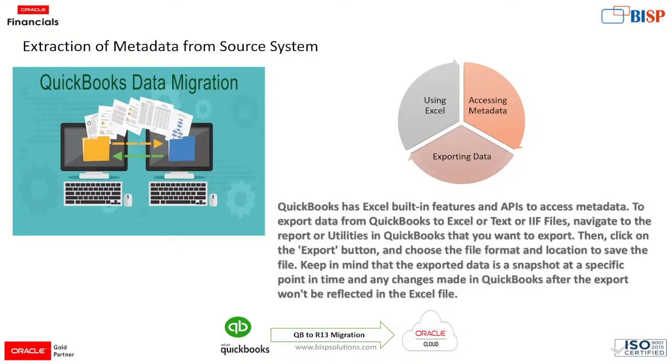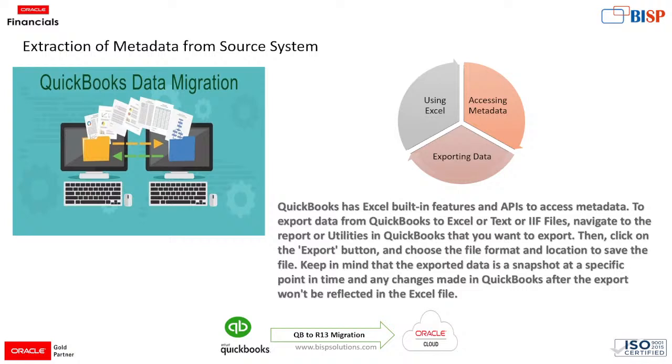This step is simple and can be done by selecting the report menu or going to File, then Utilities, then Export, on the top bar of QuickBooks, and choose the report or utilities you want to export.